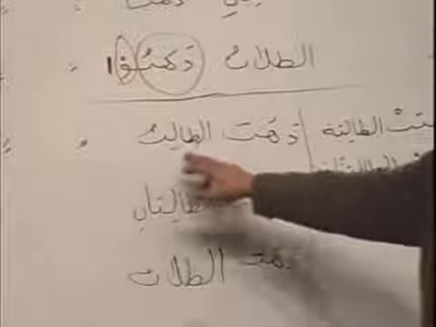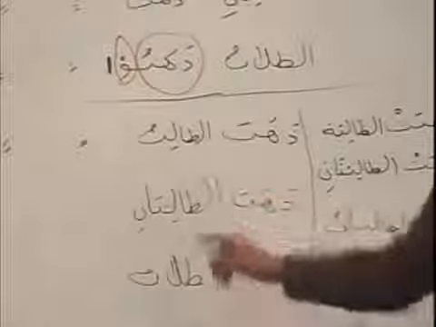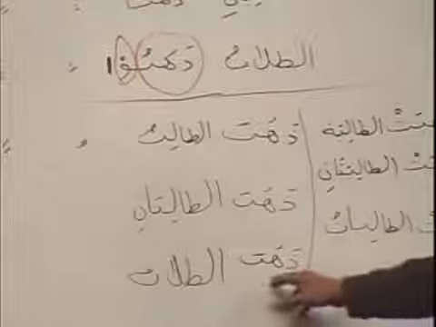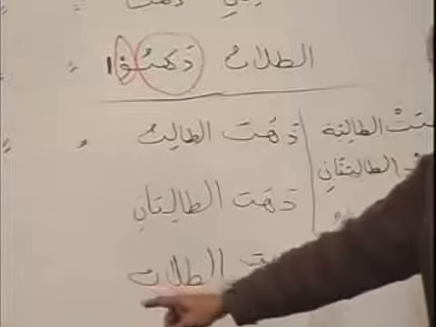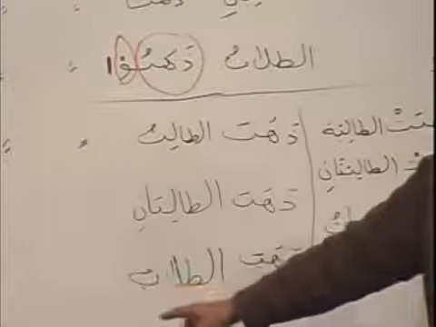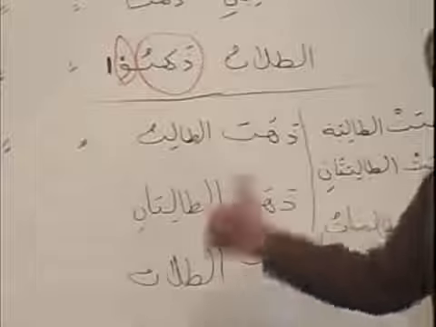I look at this fa'il and use the word. Zahabat talibani wa jalasa. Now jalasa refers to talibani. Zahabat tullabu wa jalasu. See, here singular and there the appropriate verb to match the fa'il, which was before. Are you with me, brothers and sisters?